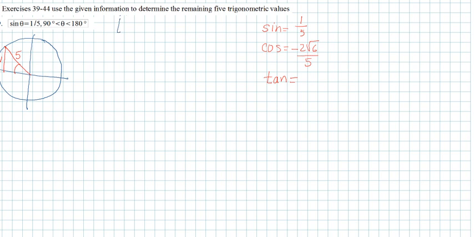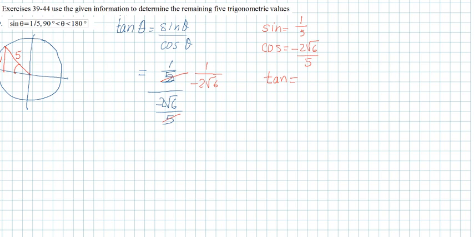So tangent of theta is equal to sine of theta over cosine of theta. And when you have two fractions, one at the top and one at the bottom, and they have the same denominator, just cross out the denominator, and so your answer would be 1 over negative 2 square root of 6.